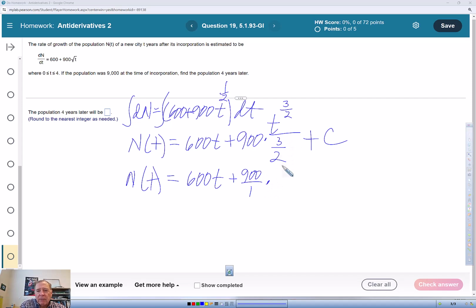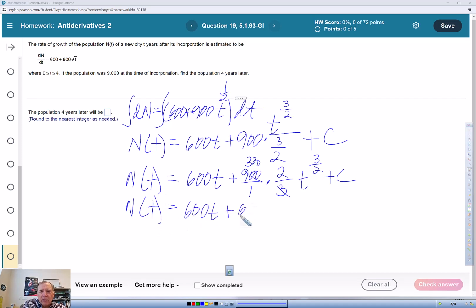To divide by a fraction, I multiply by its reciprocal, then times t to the 3 halves plus c. 900 divided by 3 is 300. So we get N of t equals 600t, 300 times 2 is 600, times t to the 3 halves plus c.